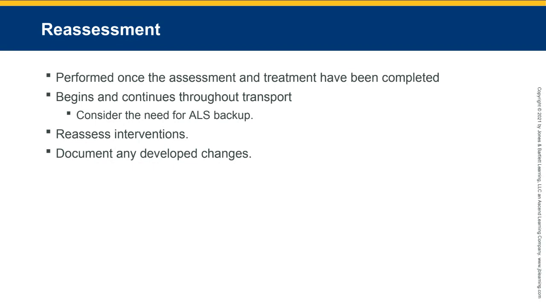If you can't get 3 sets, you should have primary assessment findings and 2 sets of vital signs, right? So ideally, 2 to 3 sets of vitals. That's going to give you a good idea of if your patient is trending up or trending down.